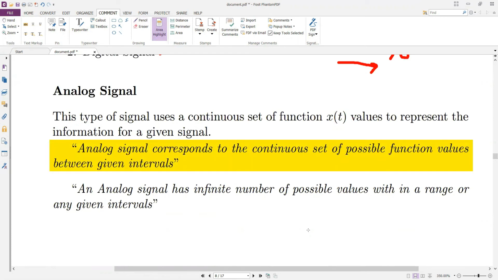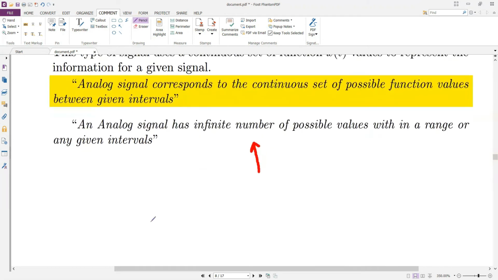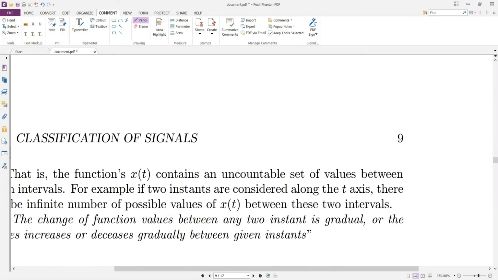Just like a continuous time signal, we have to look at the continuity in the values of the signal, but instead of the time axis, along the y-axis. So an analog signal has infinite number of possible values within a range or of any given interval.